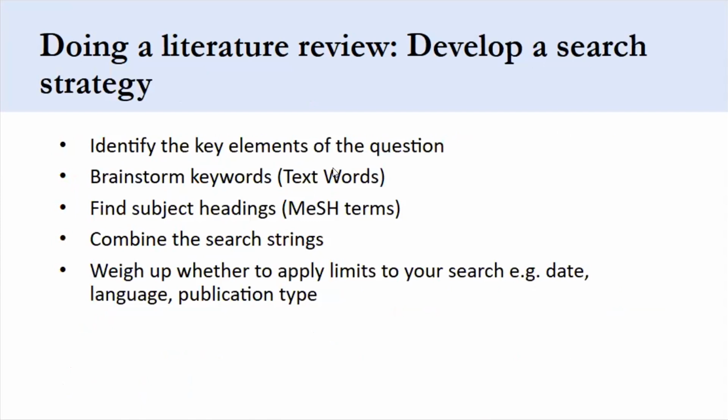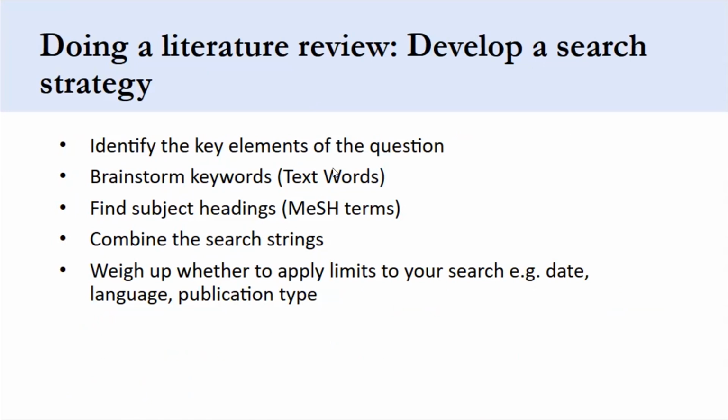You'd want to do some brainstorming of keywords. So as I've said previously, you can look at the title and abstracts of your relevant papers and pick out keywords for each of the key concepts. You can also do this in something like ChatGPT.